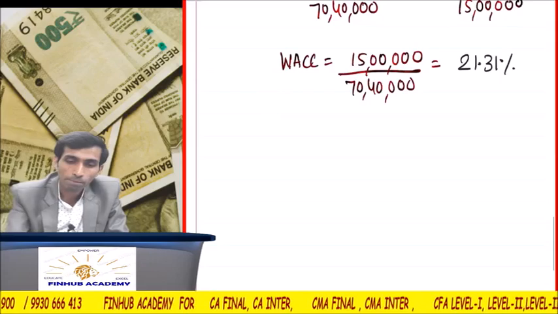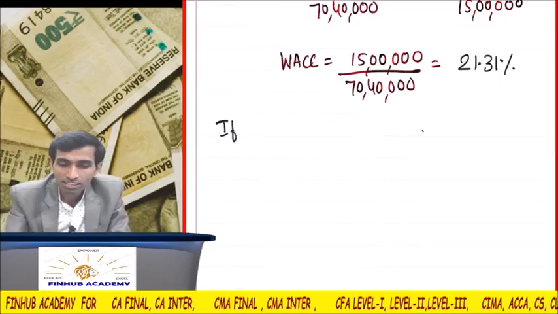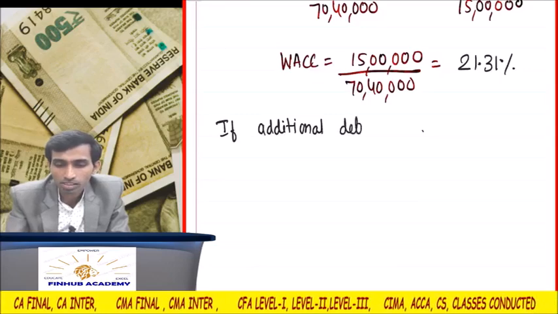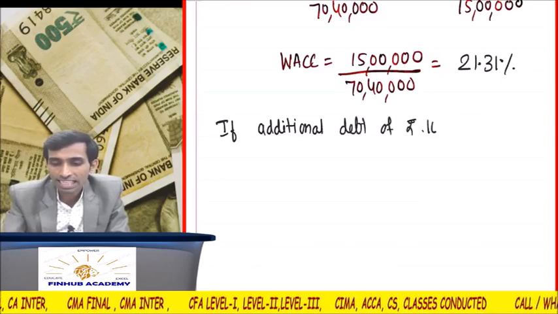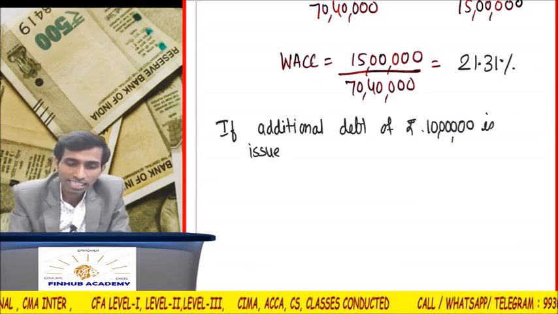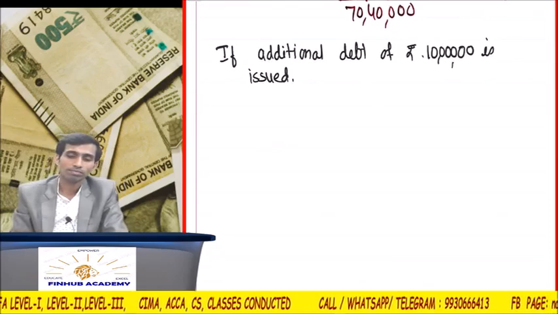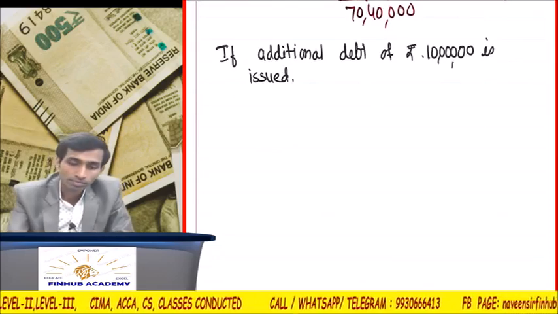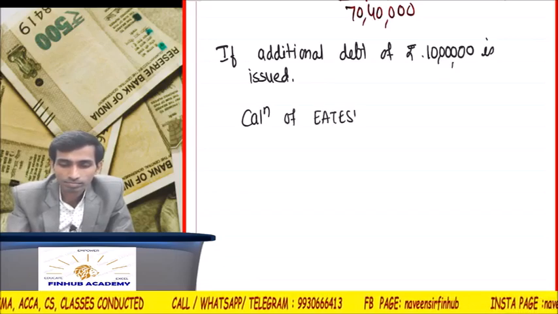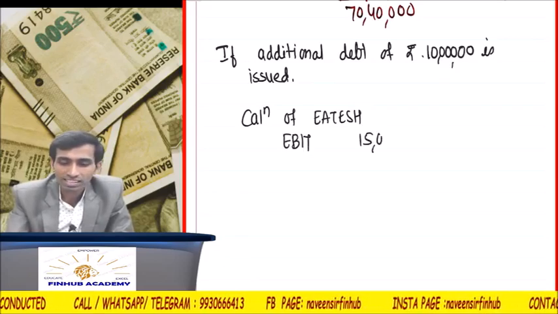So listen carefully. If additional debt of rupees 10 lakhs is issued, calculation: EBIT is how much? 15 lakhs.